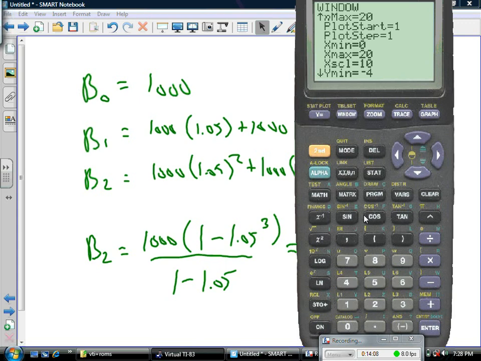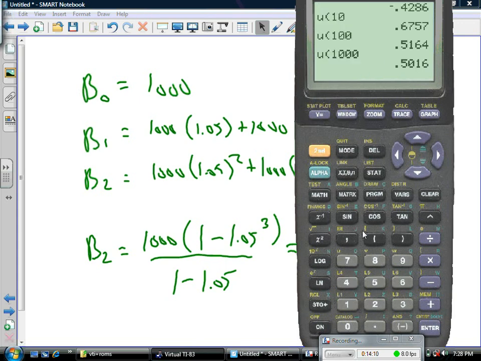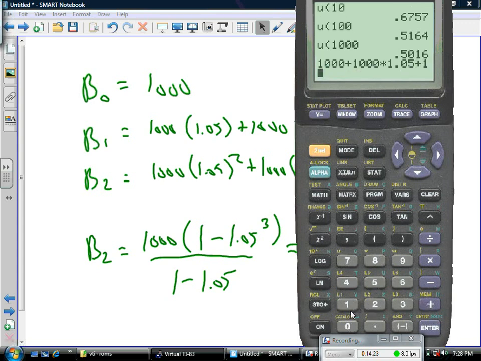All right, so it's 1,000 plus 1,000 times 1.05 plus 1,000 times 1.05 squared is $3,152.50.